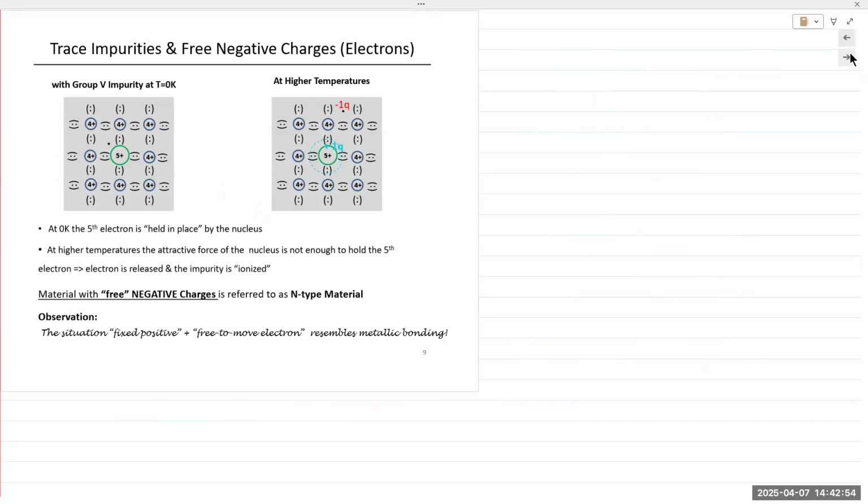In this case, the terms pure and impure solely reflect the material itself. If we are talking about silicon, if we say it's pure silicon, that means there's no other element inside that silicon material. If we say pure germanium, that means there's no other external element inside the germanium material, right?